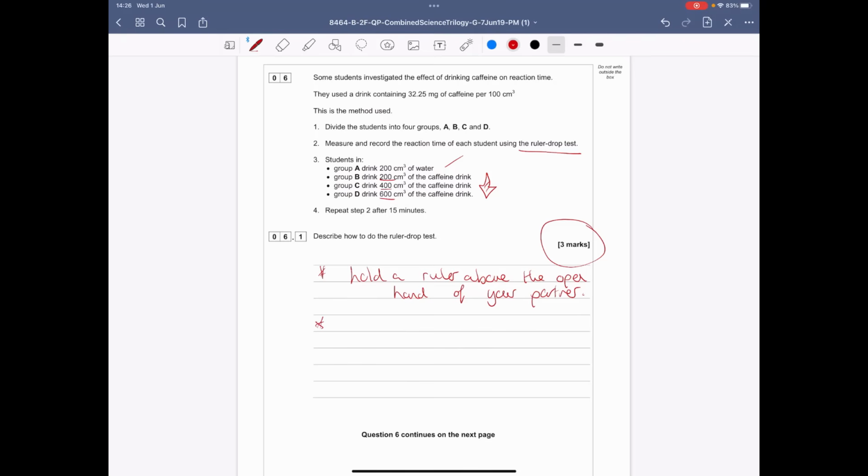Normally you make sure that the 0 point on your ruler is between their fingers. Okay, you would then drop the ruler at a random time. You don't tell them when it is going to drop, and the other person will catch it. And then finally, you record the distance on the ruler.